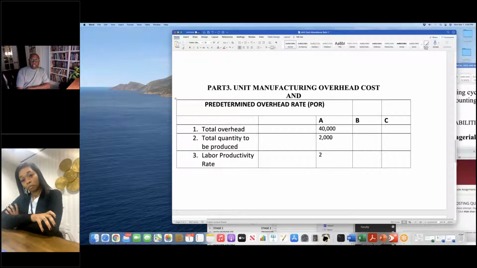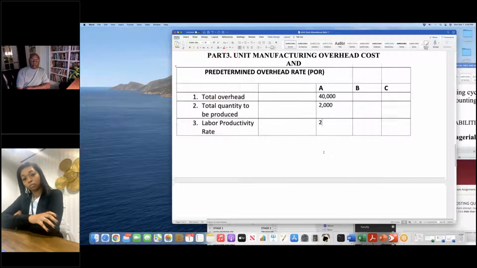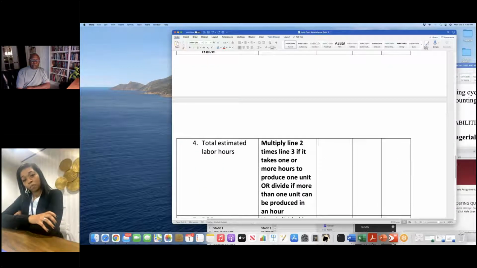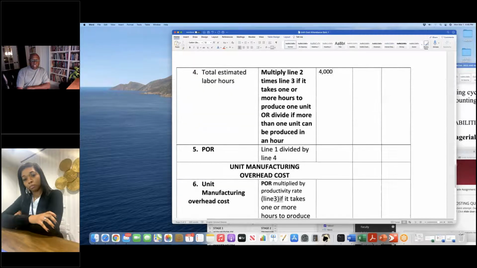So if you got to make 2,000 things and it takes you 2 hours each, what's your total hours going to be? 4,000. You got to make 2,000 things times 2, 2,000 times 2, 4,000. What's our POR?